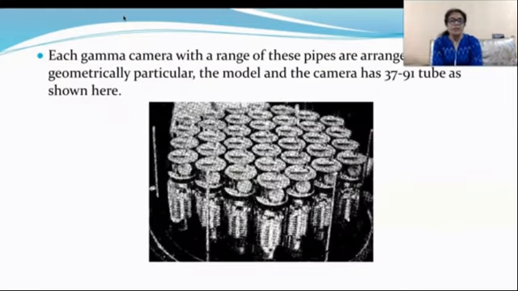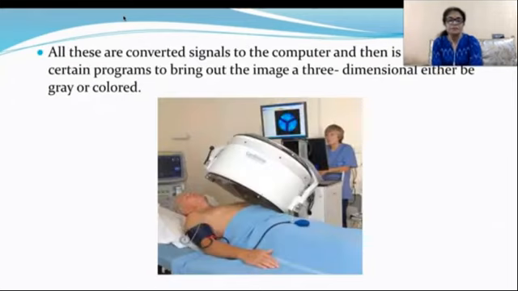Each gamma camera has a range of these tubes arranged geometrically, depending on the model, and the camera has 37 to 91 tubes as shown here. All these signals are sent to the computer, and certain programs are used to bring out the image, three-dimensional, either in gray or in color.